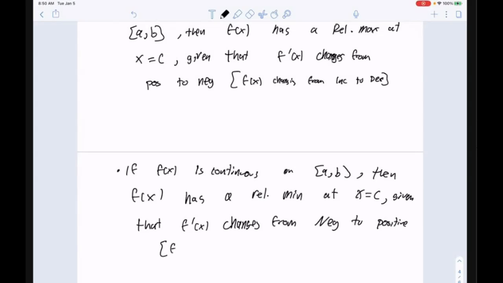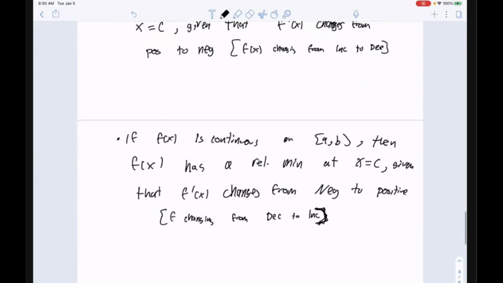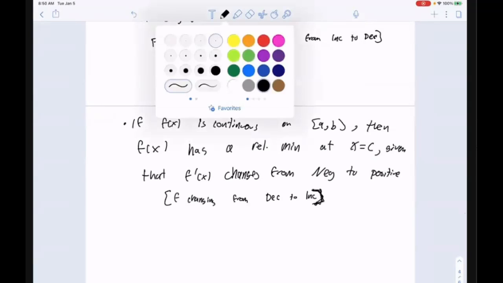F changes from decreasing to increasing. Now remember, your justification needs to be about the derivative.